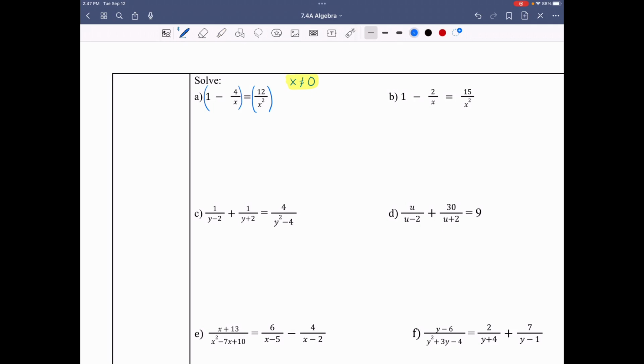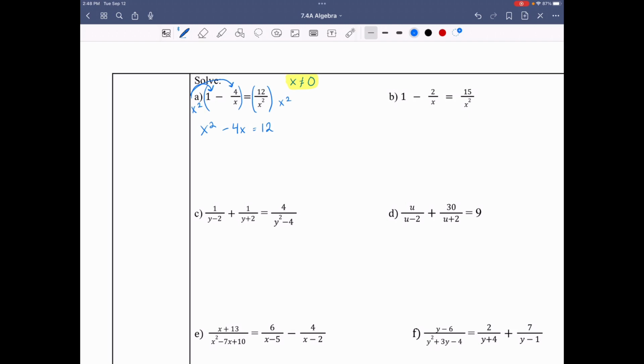All right, so we're going to multiply by x squared, and that will clear the denominators. So 1 times x squared is x squared, and over here we have 4 times x squared, but then we divide by x, so we're just left with 4x equals x squared times 12 divided by x squared is just 12.